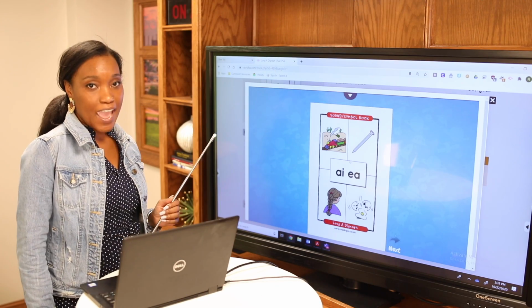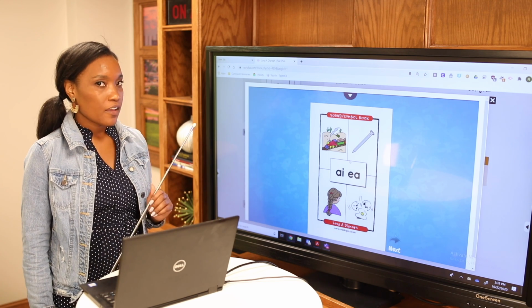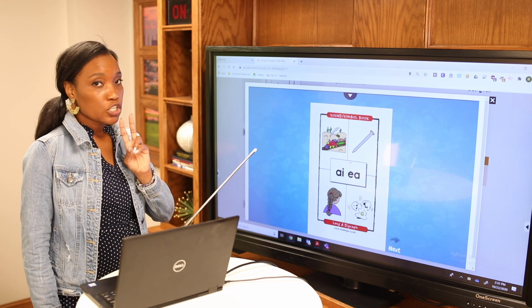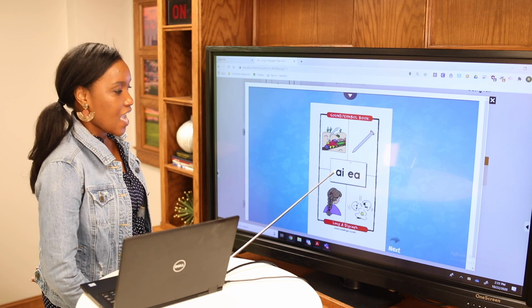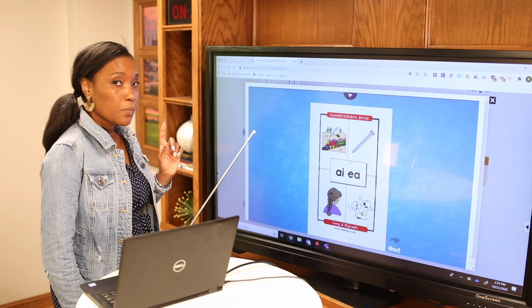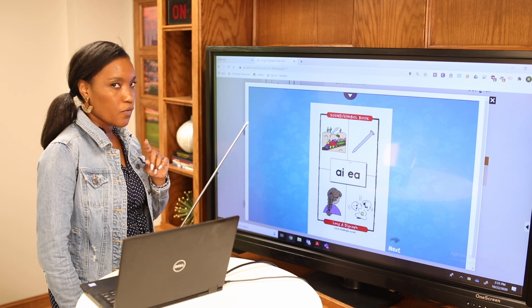Okay, we are now going to put all of our practice into action. We're going to read a short story, but we're going to focus on how to say two sounds of A: A-I and E-A. Now, if you remember earlier, we focused on four spellings, but for right now, we're just going to focus on these two.